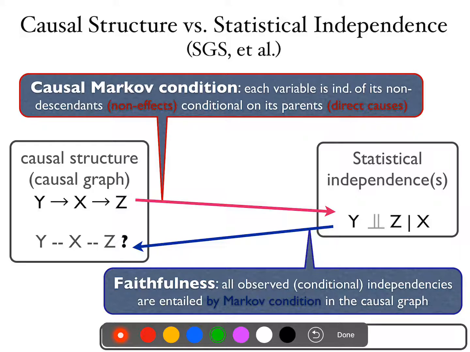Otherwise, if you apply the Markov condition, you cannot see that Y and Z are conditionally independent given X. So with faithfulness, we can do causal discovery because we have the correspondence between missing edge and independent relation. In the data, we have an independent relation; over there, we know there is no edge between the two variables.